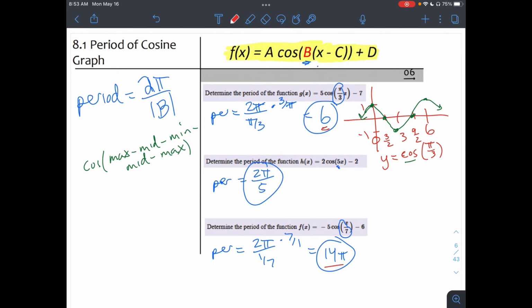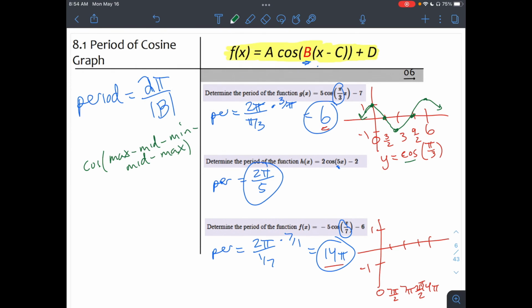Okay, same idea down here. If we are told that the period is 14 pi, that means that between 0 and 14 pi, this graph will repeat one time. The max and min don't change. And so if we cut this in half, we get 7 pi, and cut each of these in half, we get 7 pi over 2, 14 pi over 2, 21 pi over 2, and then 28 pi over 2, if we think in terms of the fractional forms.